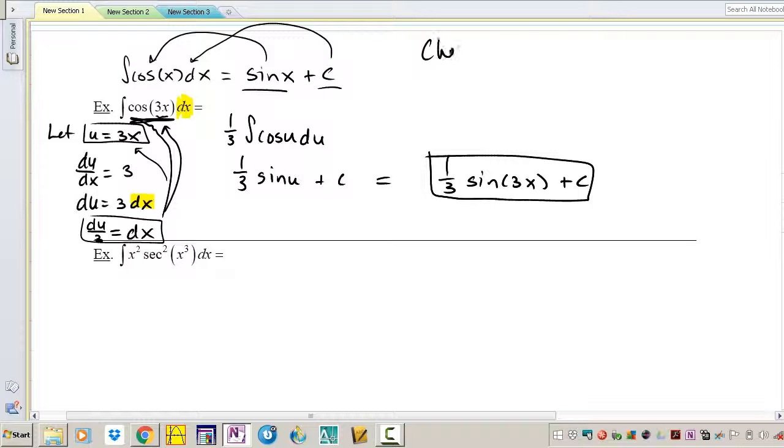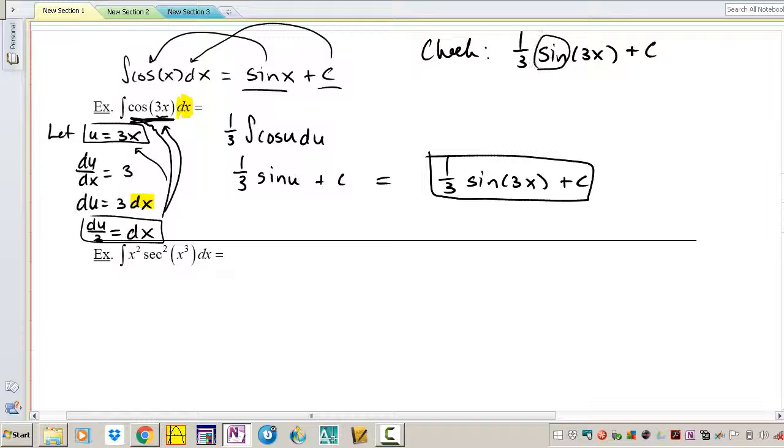Let's do the check for this one, just to make sure. Any time that you're using u substitution, you're always going to have to use the chain rule to do the check when you're taking the derivative. Otherwise, we wouldn't be doing this lesson. So let's take the derivative of sine of 3x multiplied by 1/3 and then plus c.